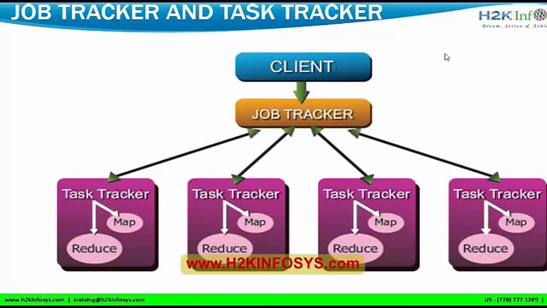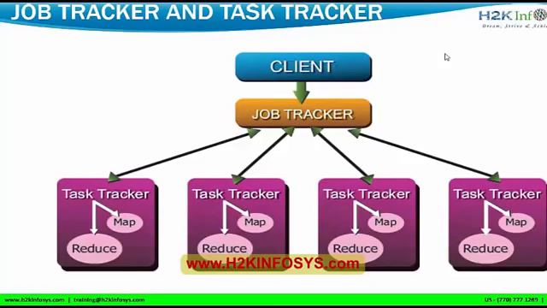So let's see on a high level what job tracker and task tracker do. I'm not talking much about job trackers and task trackers in HDFS sessions. We can discuss much more when we get into MapReduce topics. But on a high level, I want to introduce their functionality. Whenever a client submits a job, the job tracker will take all the responsibility to process your request.